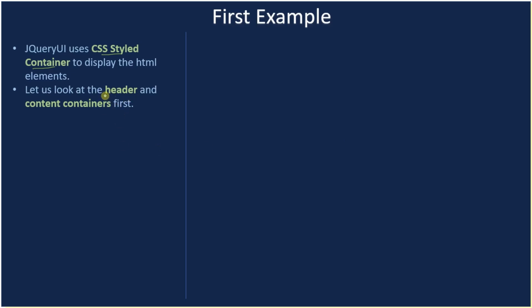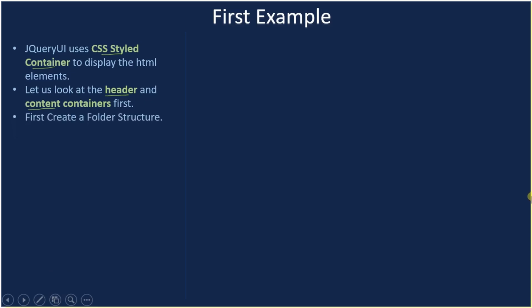There are two containers we are going to look at: one is header and another one is content. When we use these containers, jQuery will decorate the HTML element with some predefined CSS styles. These CSS styles are defined inside the CSS file of the theme package.